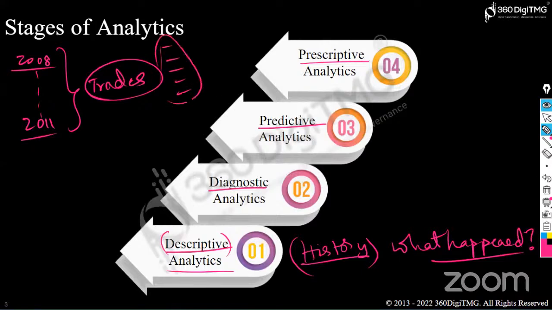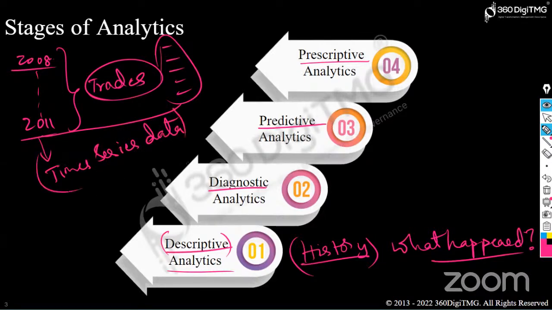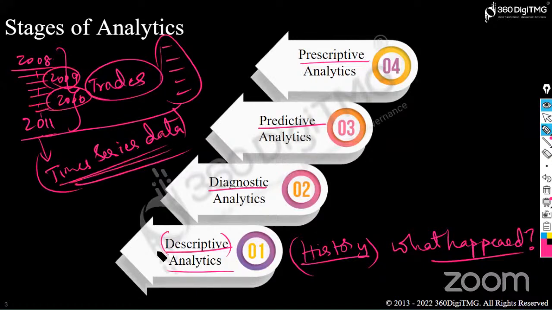Let it be some numbers, and you can identify this is data that is related to time, hence we call it time series data. As we proceed to the years 2009, 2010, the values are going to change. So we call it time series data.